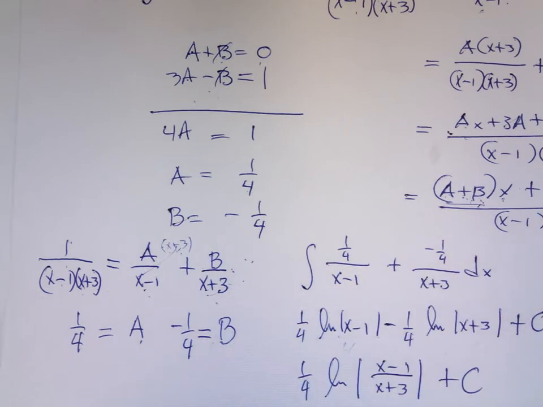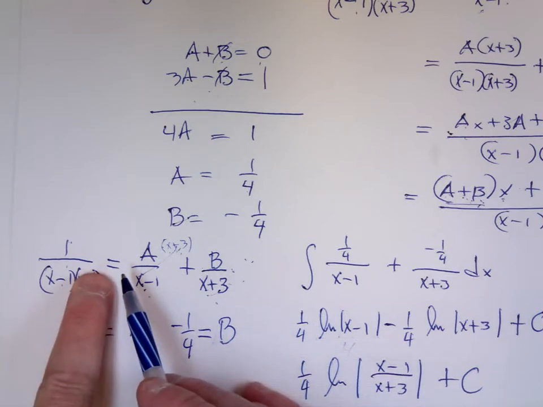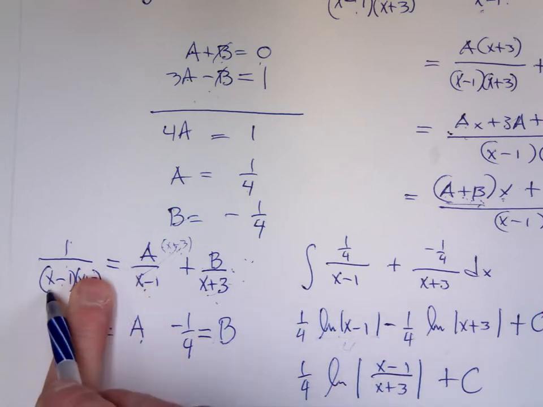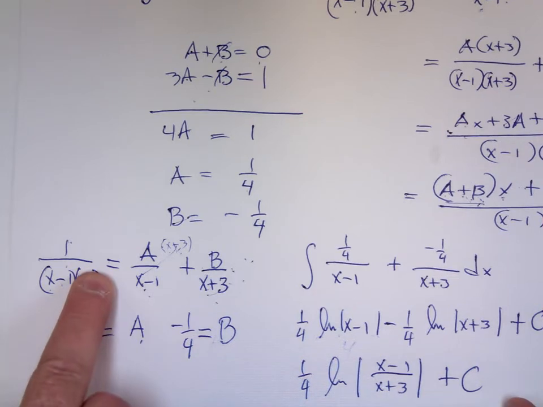Where did you get the negative 1/4 from? Over here, after I multiply by x plus 3, I let x equal negative 3. Negative 3 minus 1 is negative 4. Where does the negative 3 come from? That's what I do. I multiply by x plus 3, and then I let x equal negative 3. So it's always the opposite.